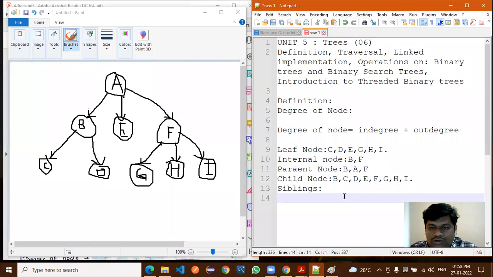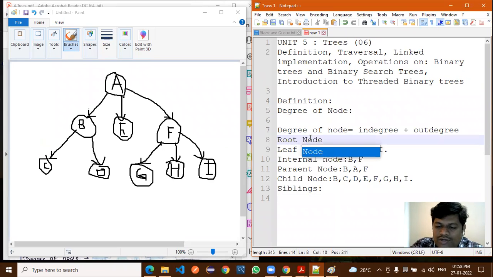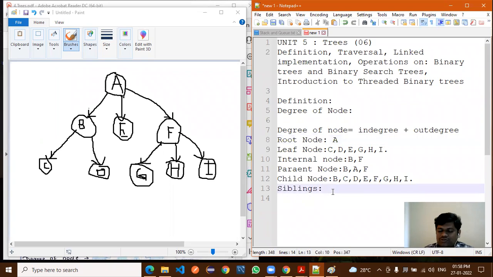Yes, sir. Also write root node, sir. Where is the root node? We have not written it here. Okay. Otherwise you can dictate it in your notebook also, right? When I'm explaining, you can dictate it in your notebook, and this will be for your reference.